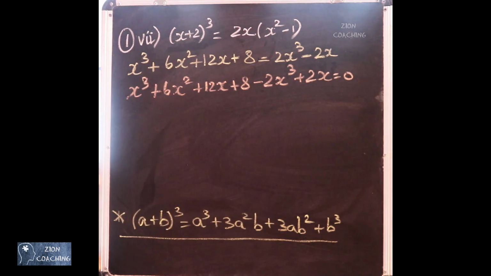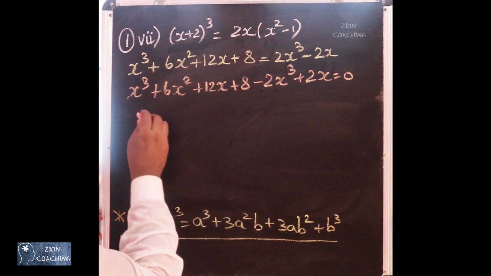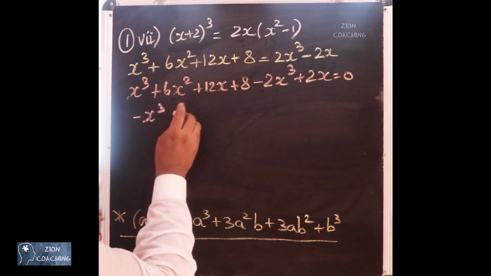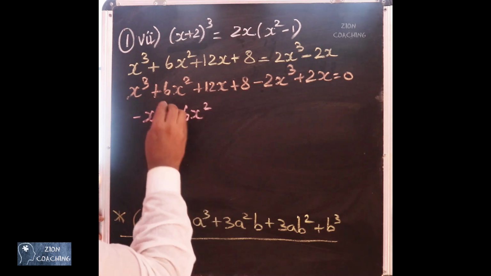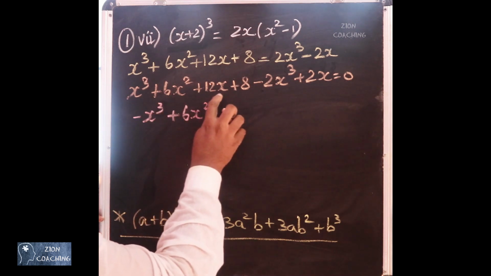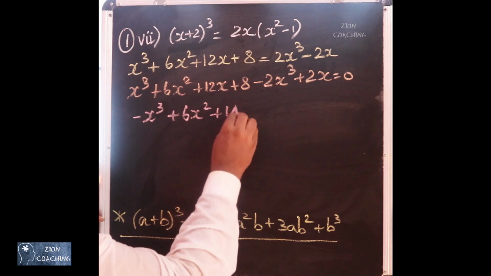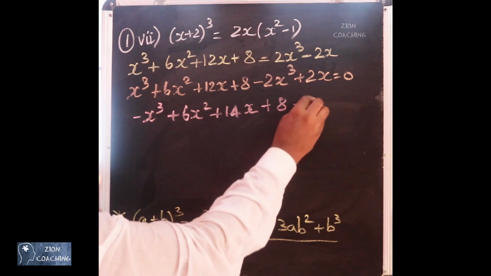After grouping the common terms, we will have x cube minus 2x cube will become minus x cube, 6x squared, only 1 is there, so it is written as 6x squared. Then we have 12x plus 2x, it is going to be 14x plus 8 equal to 0.